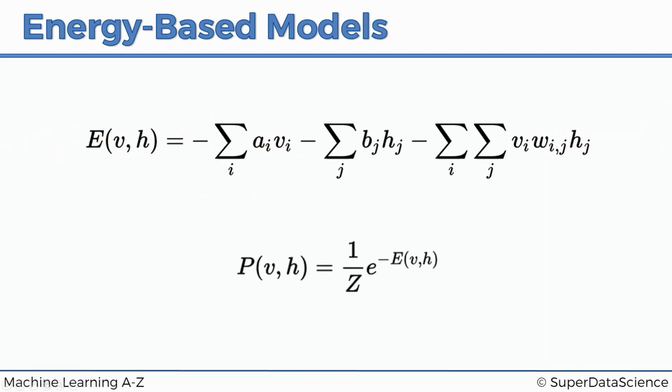And then the probability of being in a certain state is given through the energy, just like in the Boltzmann distribution, where Z is the sum of all of these values for all of the possible states. And so from that, we know that the probability of being in a certain state is inversely related to the energy of that state.